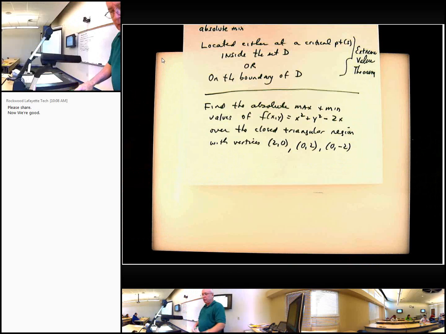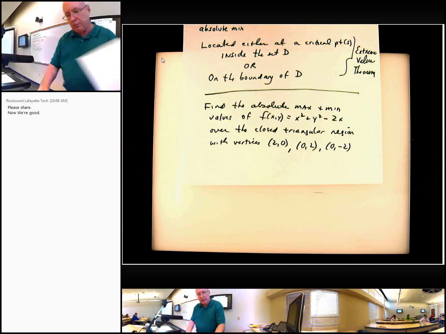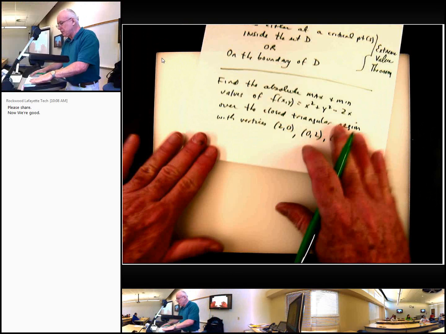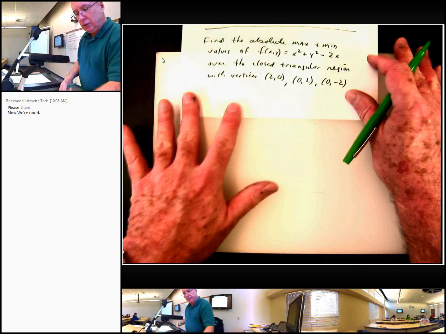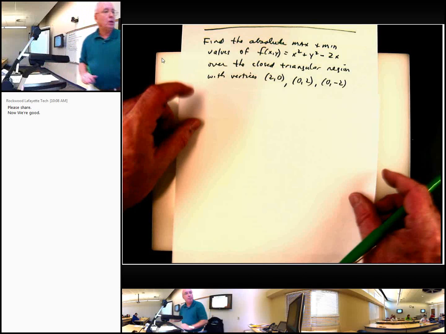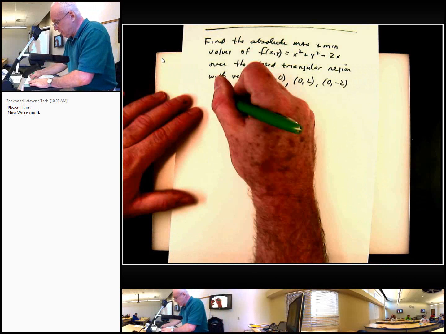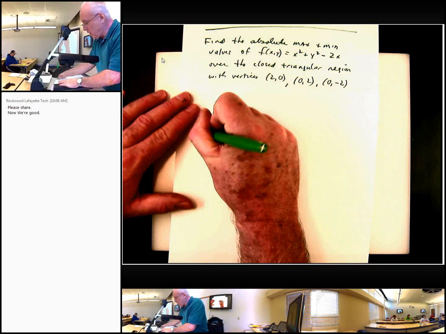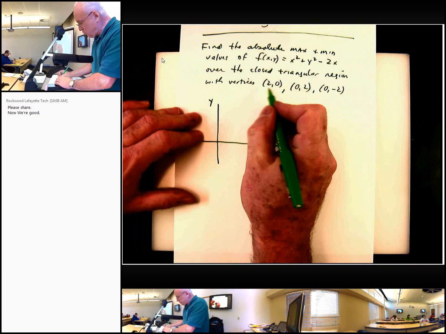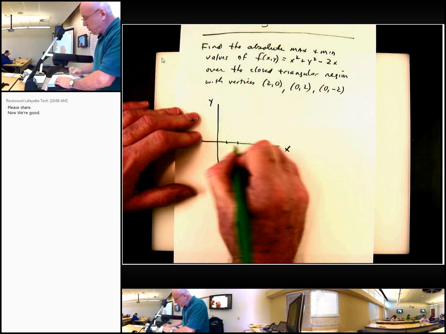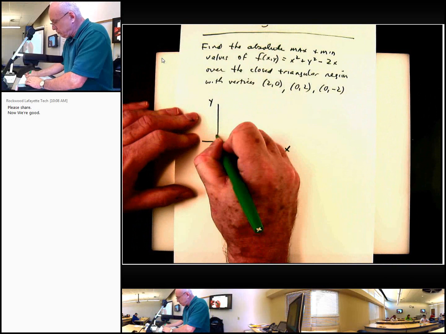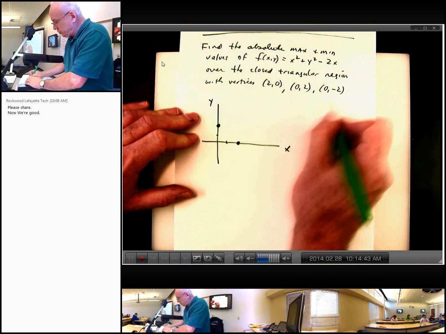And last time I think it was the last thing we had looked at, I drew a picture of this triangular area. So let's put that up here again. Let's put in here our y and x axes. One vertex is (2, 0), and the other two, (0, 2) and (0, -2).